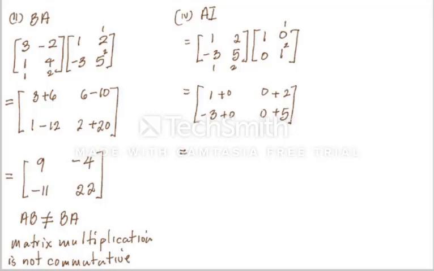All right. So what we end up with, our final answer, is what? 1, minus 3, 2, 5.